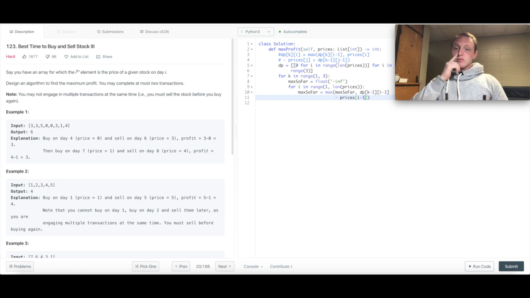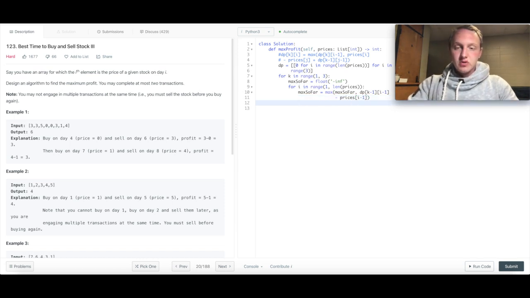We would subtract prices I minus 1. So we figured out our max so far.